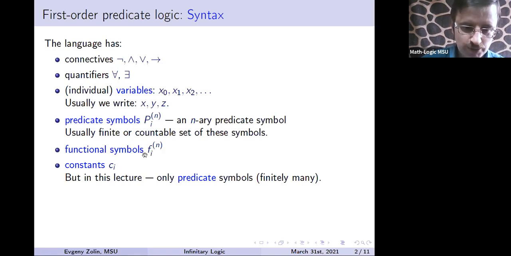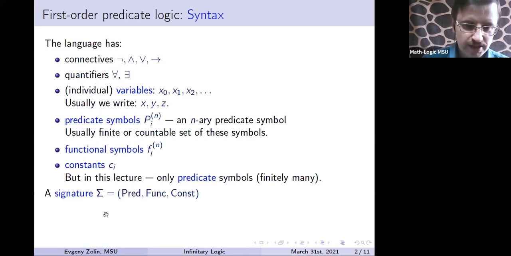Functions with one argument, functions with two arguments, and so on. And also usual first order languages also have constants, finitely many or countably many constants, CI. But today in our lecture, we will only consider languages that have predicate symbols only. They don't have functional and constant symbols. And we will have only finitely many predicate symbols. This will be essential.